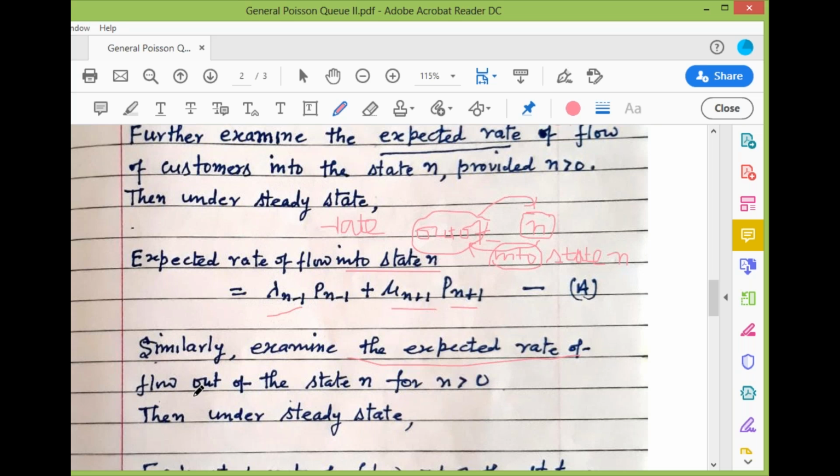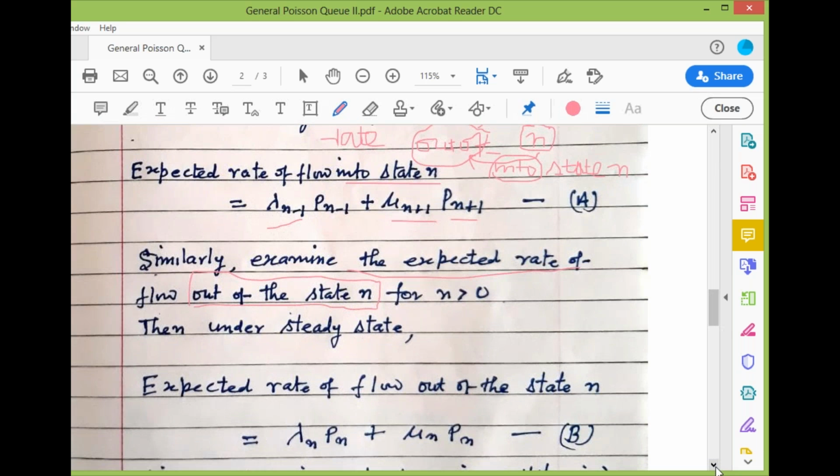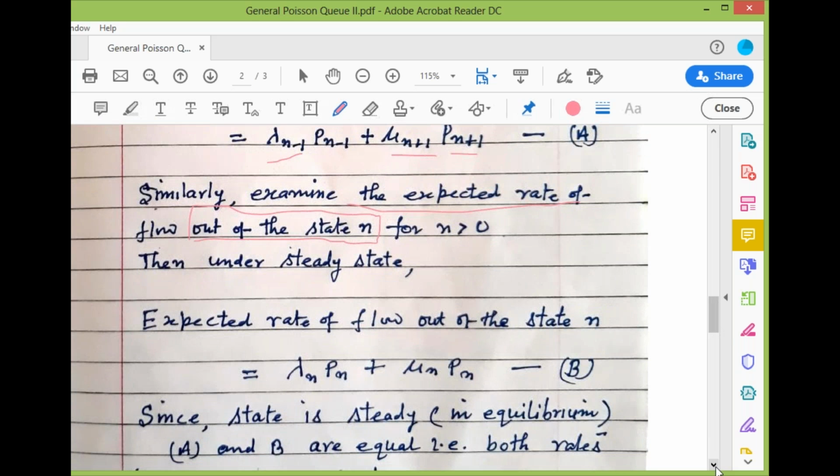flow out of the state n. So you remember this point, out of the state n, and into, you just look here into the state n. And this condition is very, very important, provided n is greater than 0. Okay, this condition is true. Then under steady state, what happens under steady state? Steady state is nothing else but the state of equilibrium.